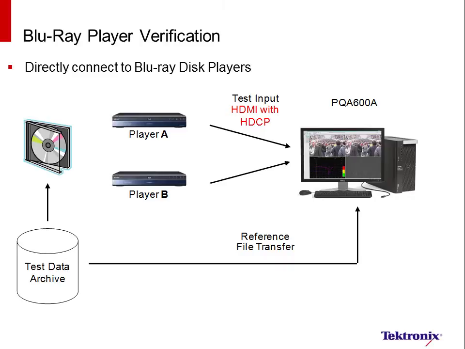We can put the data in player B, play that data, score that data, then compare the score from Blu-ray player A against Blu-ray player B and actually look at the upconversion and scaling algorithms in both devices and see the quality of the output from both player A and player B.